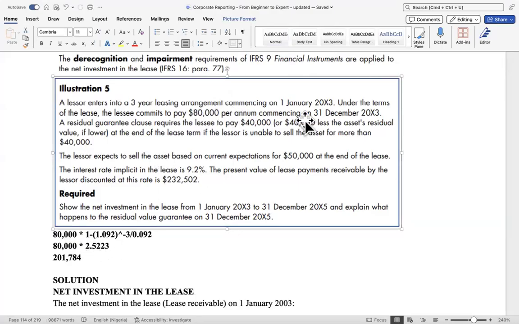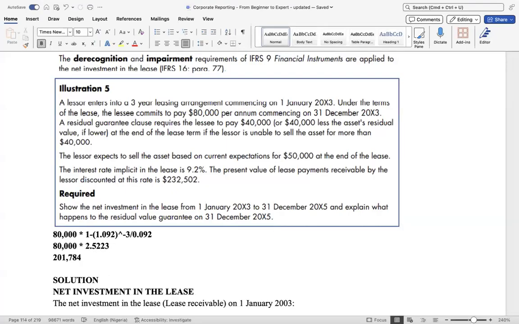We need to consider it to determine our liability today. As far as the lessee is concerned, he has guaranteed the 40,000, so it becomes an obligation to deliver cash. An obligation that you have no practical ability to avoid is a liability. That's the conceptual definition of a liability.